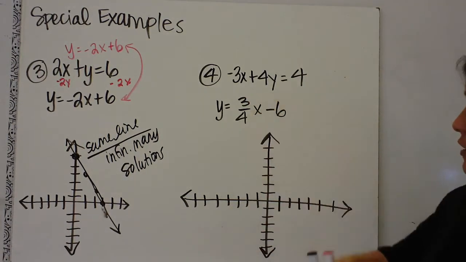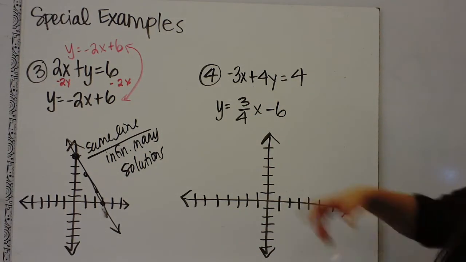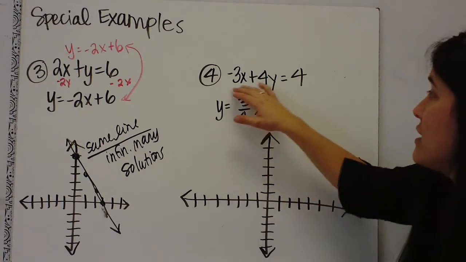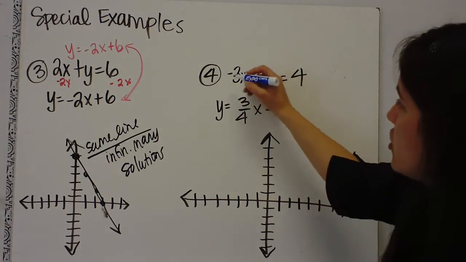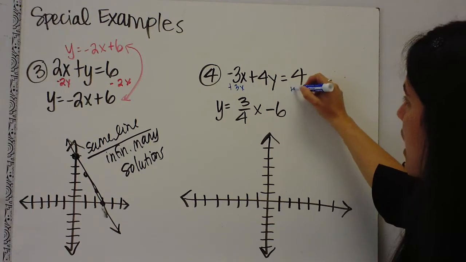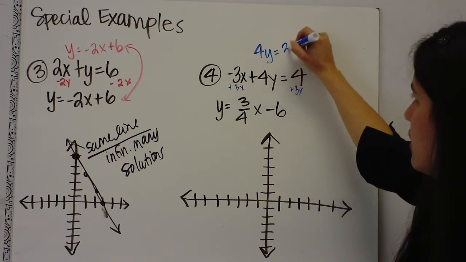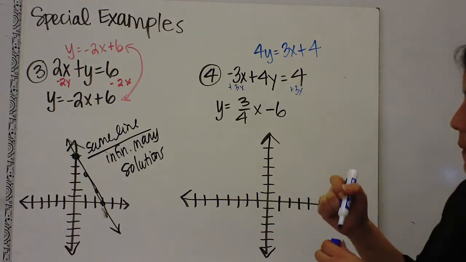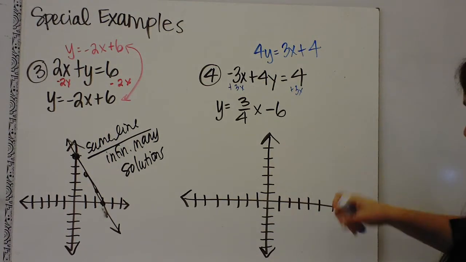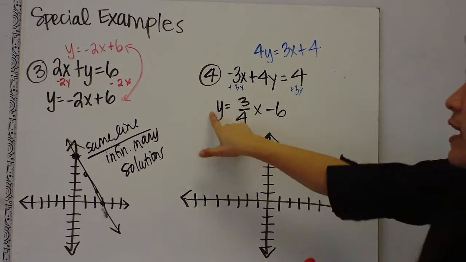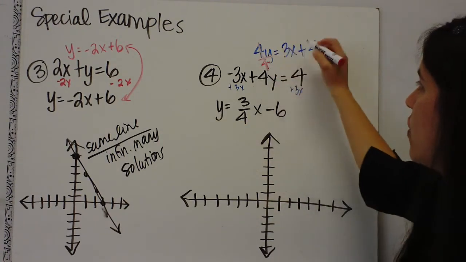Now in example 4, I have one equation in slope-intercept form, but I need to convert this one. So I'm going to add 3x to both sides, and I'm going to get 4y equals 3x plus 4. Then, I can't have 4y, I need to just have regular y, so I'm going to divide by 4.